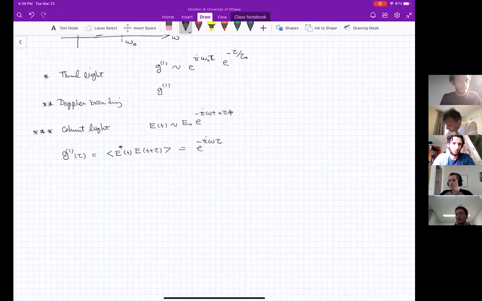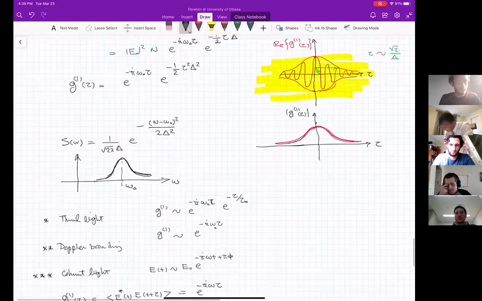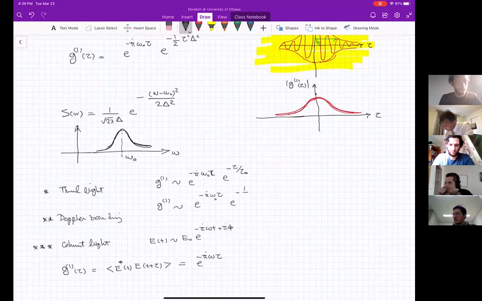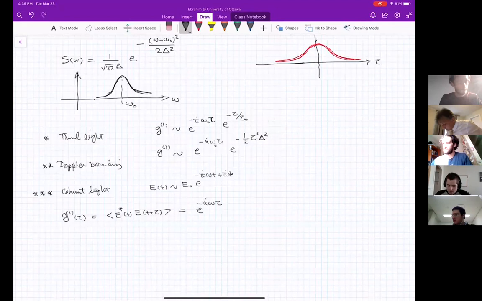For the Doppler broadening, we got e to the power of minus iω0τ, and, yes, thank you, e to the power of minus one half of τ squared Δ squared. So we do have it for coherent light, for thermal light, and for Doppler broadening, all three cases.